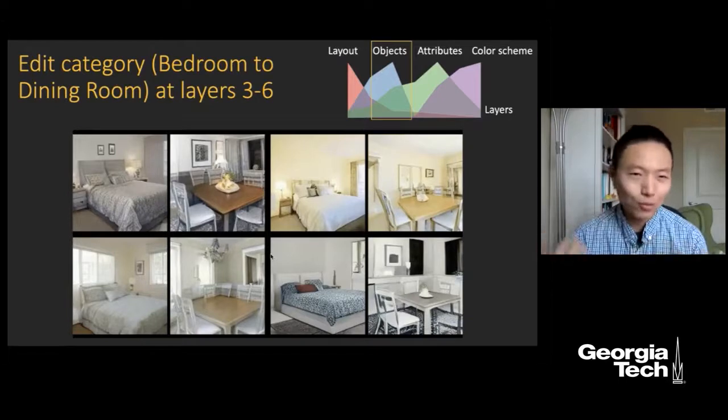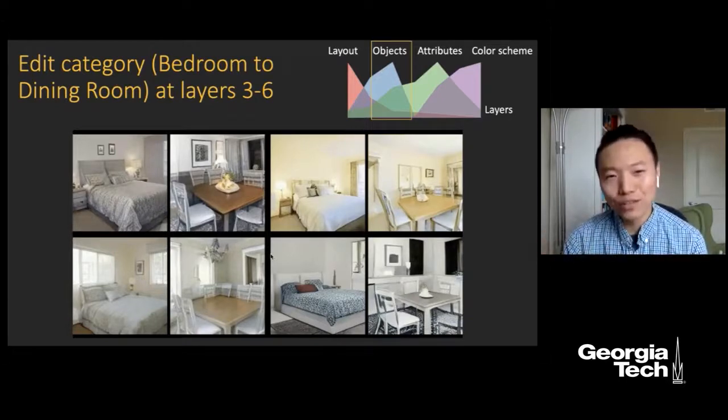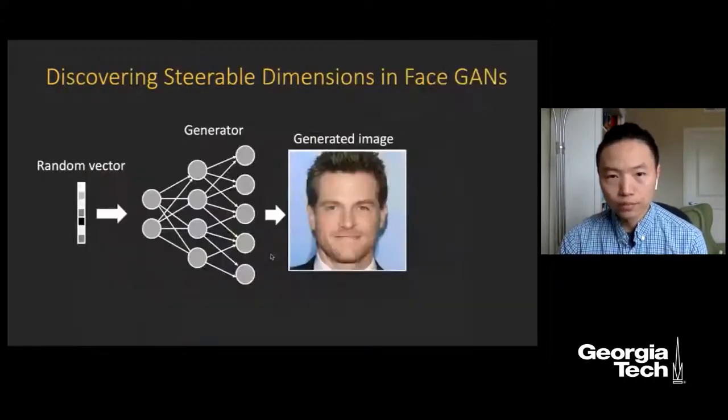We can just move out the bed and move in the table and the chairs. Then this environment will become more like a dining room. So this deep representation is also doing similar things. The intermediate layers determine which objects to put inside. Then we can push them across category boundaries, and the objects inside will also change.